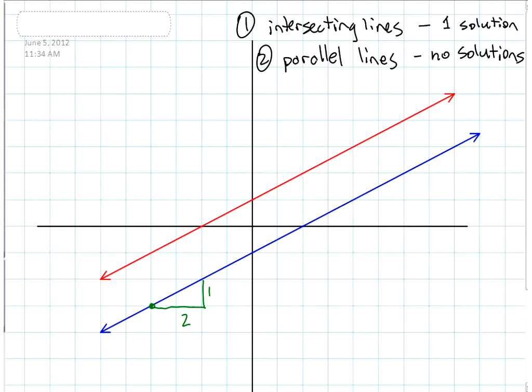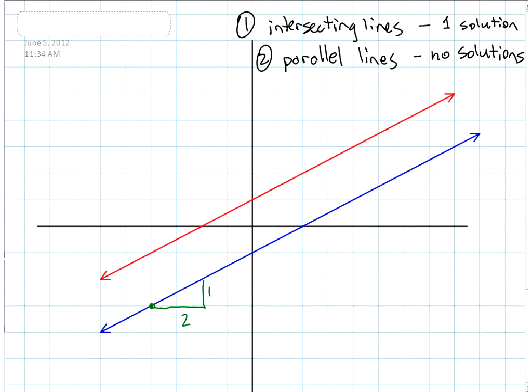I'm not showing this on the screen, but if I took this meter stick and this meter stick and held them up, I can make them cross once. I can make them so they don't cross at all if they're exactly parallel. Can I make them so they cross more than once? What would I have to do? I'd have to bend one of them, right? And they don't bend very well. If we're saying the lines are straight, you can't make them cross more than once.